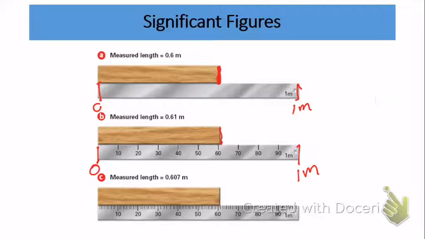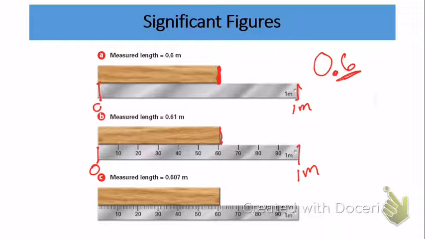So now we know that not only is it greater than 0, but now notice it's greater than 0.6, okay? So everyone that makes this measurement should know that they should agree on the 0.6, okay? Definitely on the 0.6. But after that, all we know is that the stick is greater than 0.6, but less than 0.7.